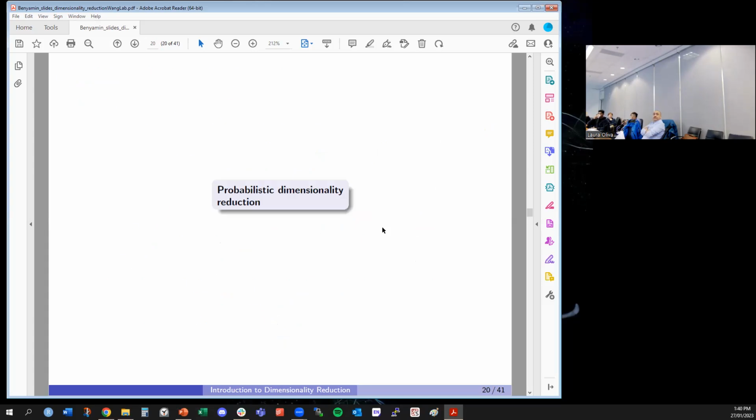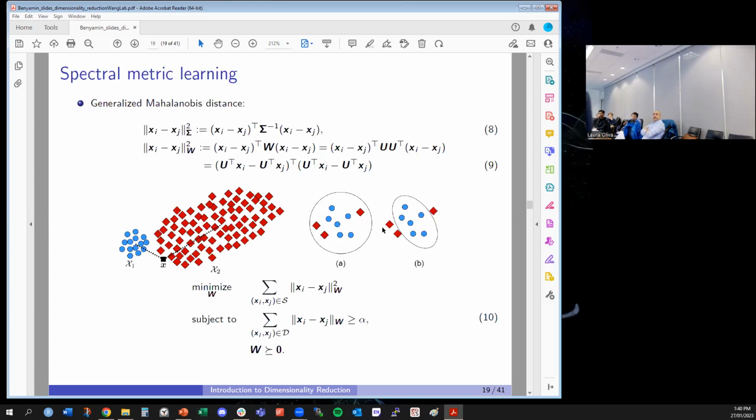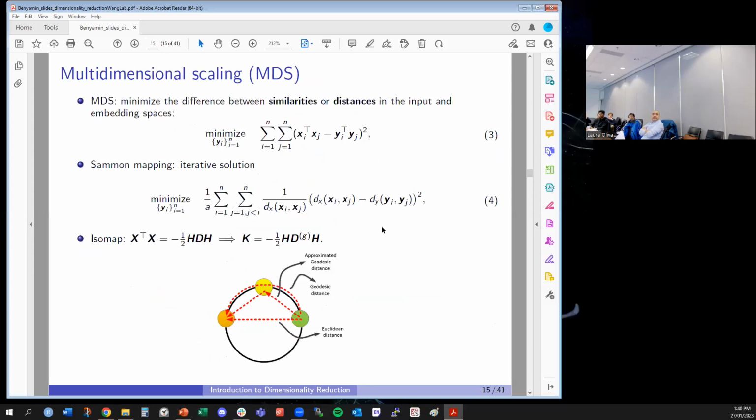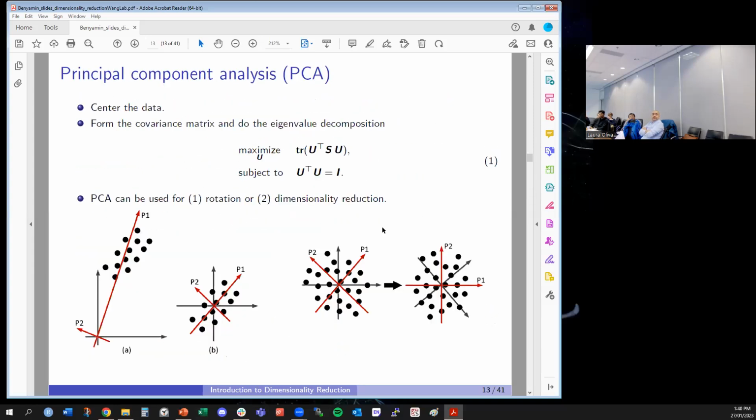So for all the spectral based, like PCA based methods, does it always have a different importance for each PC? Like for example, the first one is always the most important. Exactly. Does that happen for all the methods that you talk about? All of them, you mean?